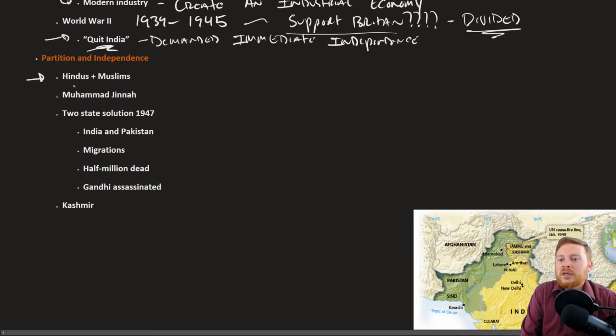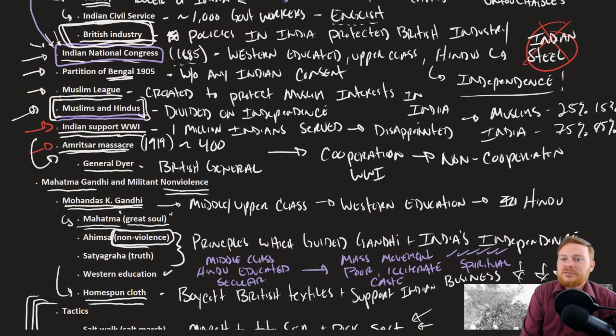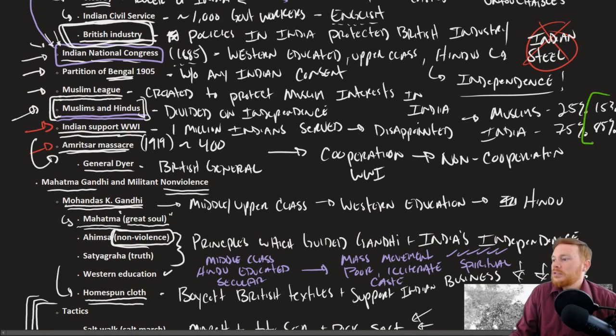However, there was still a big division between Hindus and Muslims. Muhammad Jinnah, leader of the Muslim League, was concerned that if the British simply packed their bags and left, an independent India would lead to disproportionate control by the Hindus, that the 85% Hindu population would suppress the minority population.